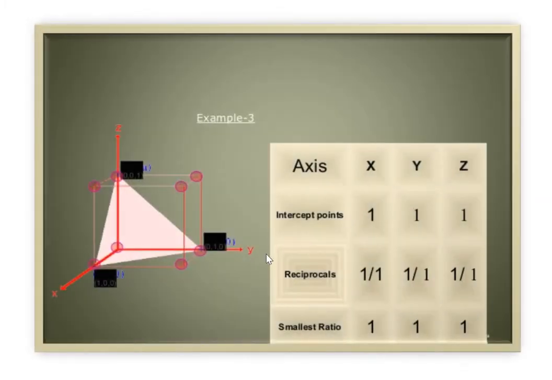Now, this is a very good example of a plane intercepting at equal distance on each and every crystallographic axis. So the intercept points are 1, 1, 1. Of course, the reciprocals are 1, 1, 1. So the Miller indices are 1, 1, 1.